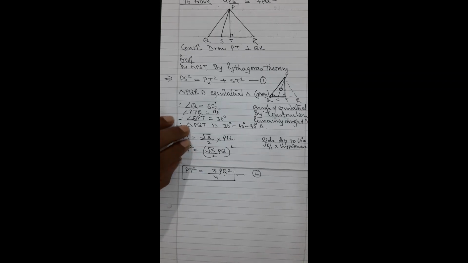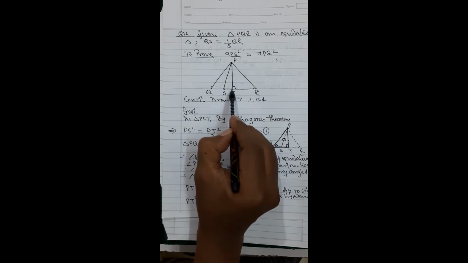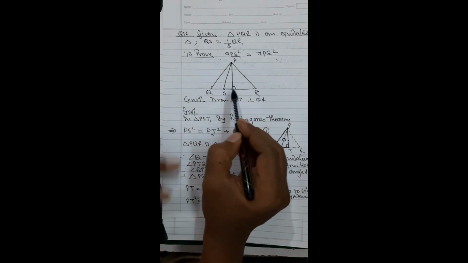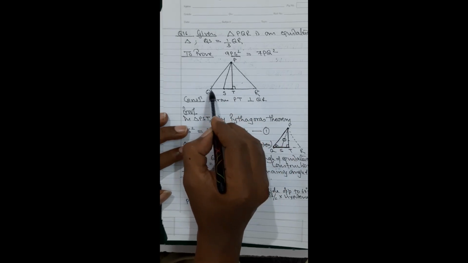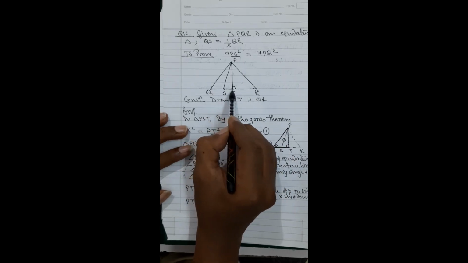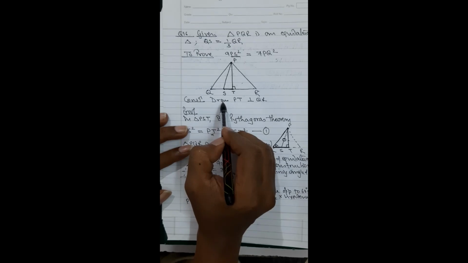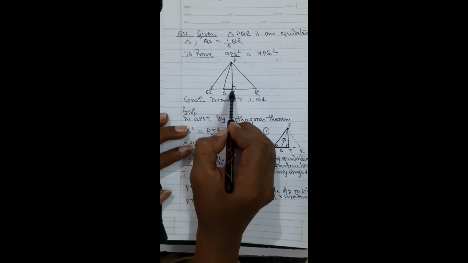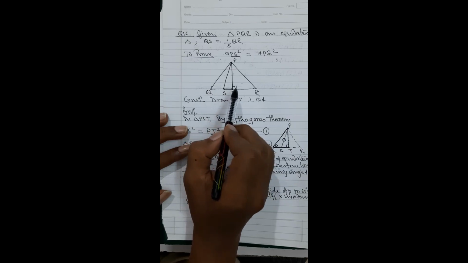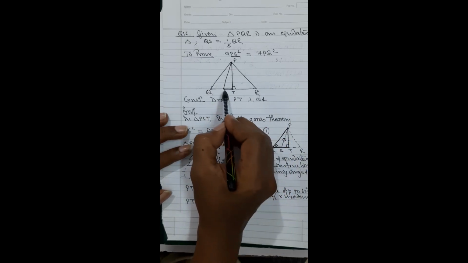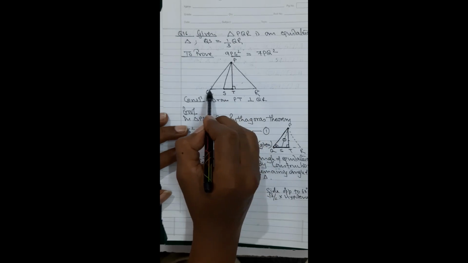Coming back over here now. See, ST has to get converted. If I do this, I will get the relation between ST and QT. ST can be related to QT.